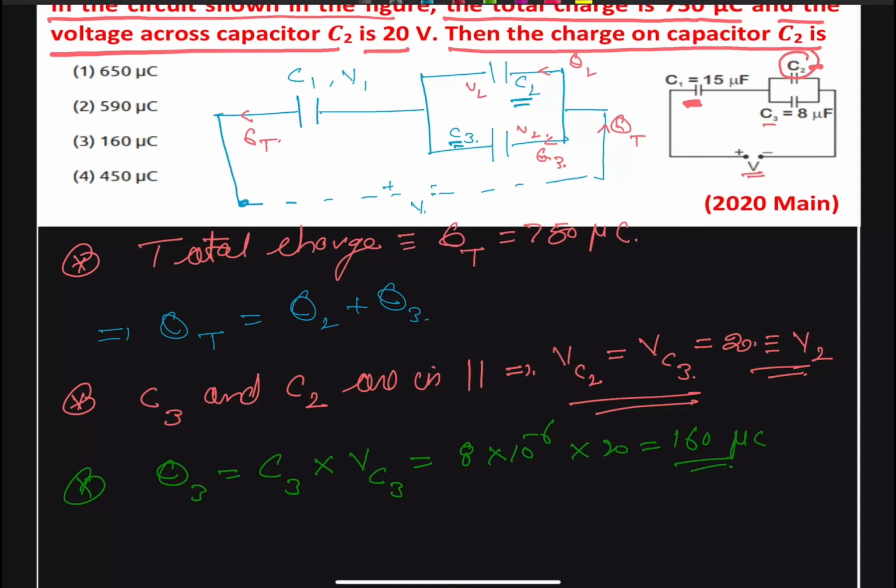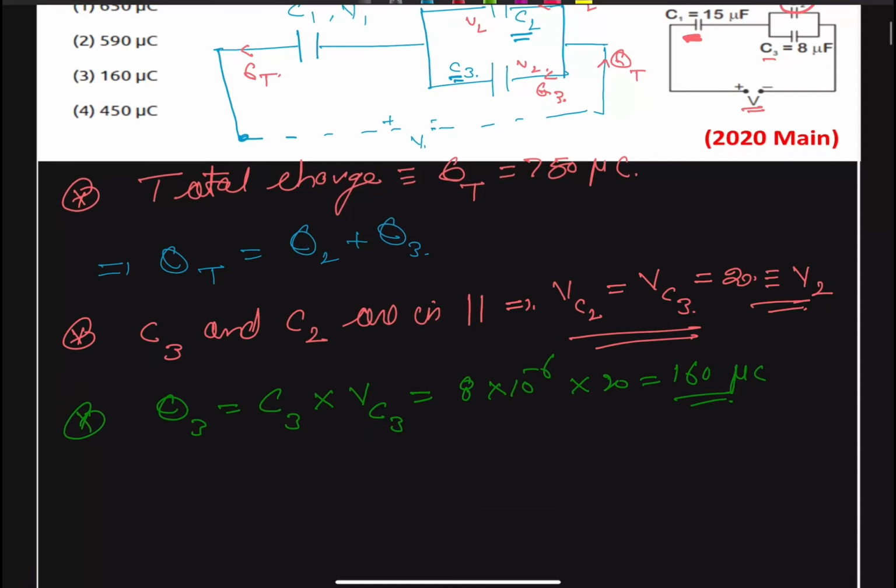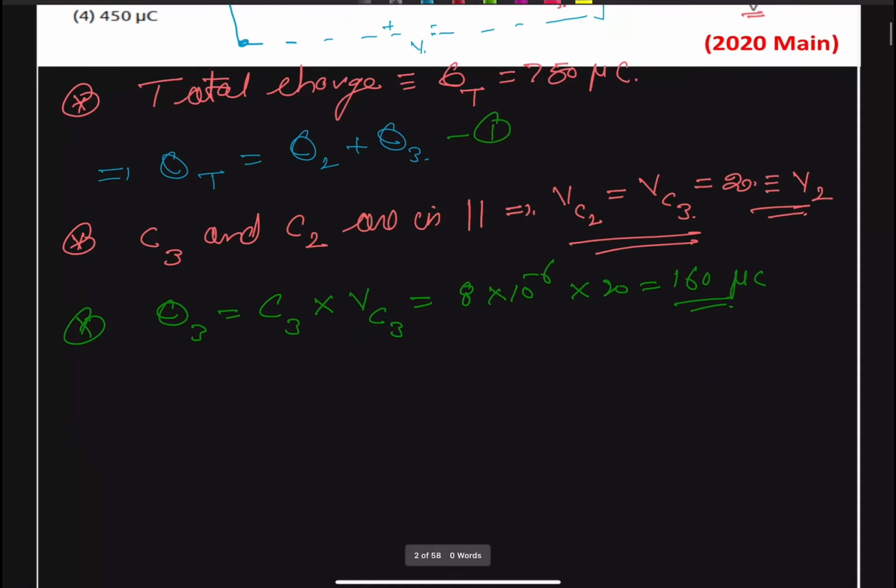Now using equation 1, we can find out the charge across C2, that is Q2. From equation 1, QT we know is 750 microcoulomb, equal to Q2 plus Q3, and we found Q3 is 160 microcoulomb.